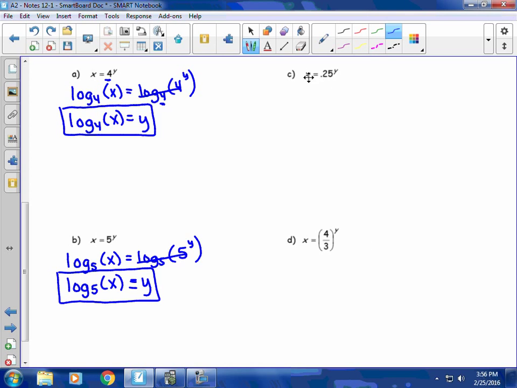Over to C up here. x equals 0.25 to the y. Just take the log base 0.25 of both sides. So log base 0.25 of x equals log base 0.25 of 0.25 to the y. These cancel. Log base 0.25 of x equals y.